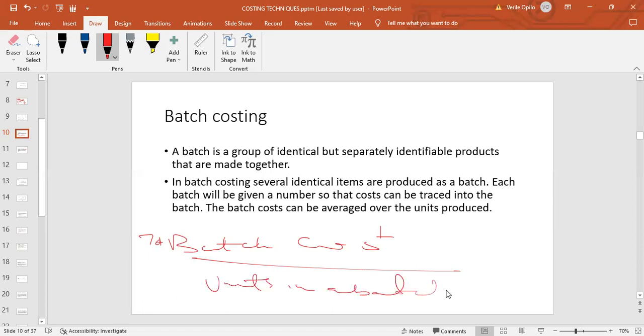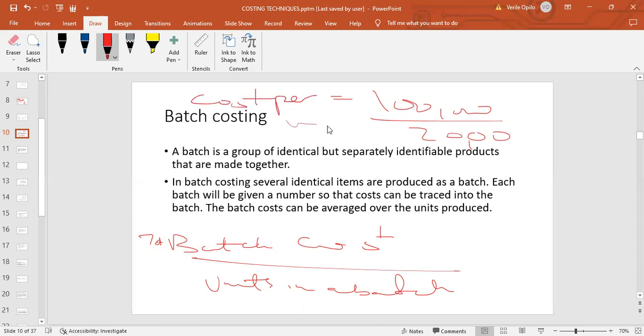Let's say, for example, we have a batch, and for this batch, we've computed that the total material, total labor, and total expenses is equal to 100,000. And then the company has produced 2,000 units in that batch. To get the cost per unit, we average the batch cost over the number of units produced.